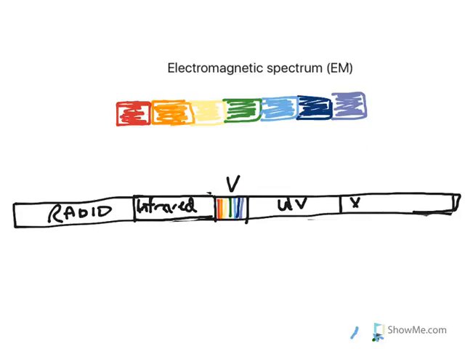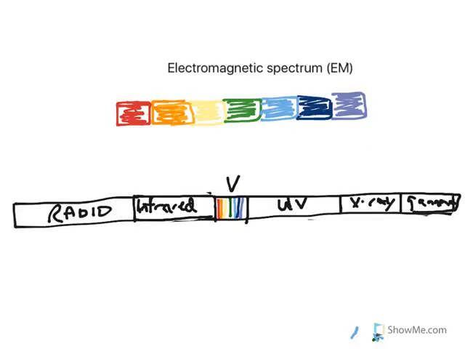And then you've got the X-rays. And then finally you have the gamma rays. So the visible band is a very, very small band in the very long band of the electromagnetic spectrum of light.